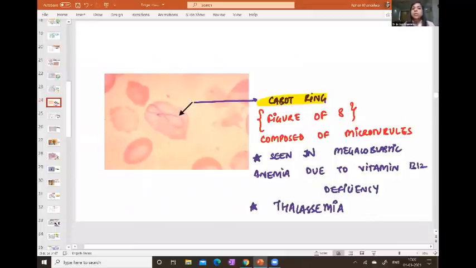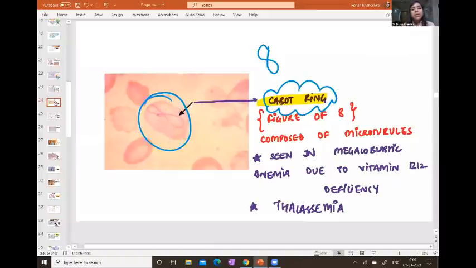Okay, this is another spotter which is asked in the exam. In the RBC, what I can see is something which looks like an 8. So we call it a figure of 8 configuration. This is actually called a Cabot ring. What is this called? This ring-like structure is called a Cabot ring. It is actually composed of what? Microtubules, right? So another thing they can ask you is, what is the composition?